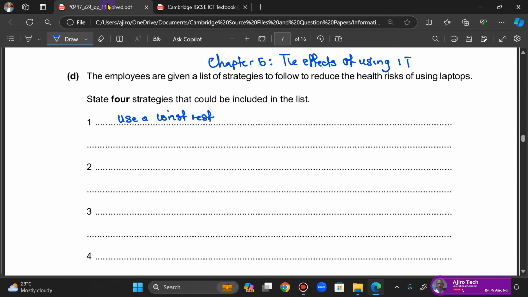Okay, and when you are sitting for too long, you can use a footrest, and you can also use ergonomic equipment. You can use an ergonomic chair. You can also use an ergonomic mouse. You can also use an ergonomic keyboard. All these are very important. You can maintain a correct posture when you are sitting for too long.